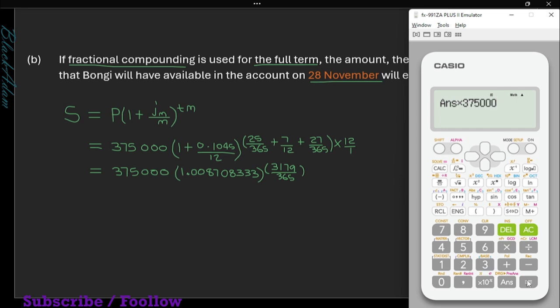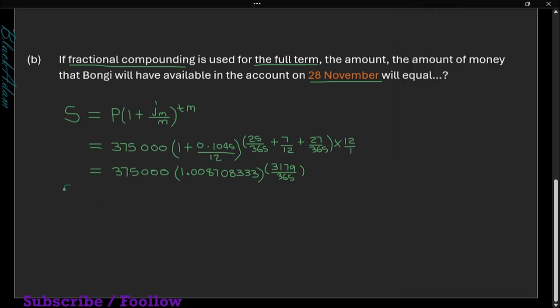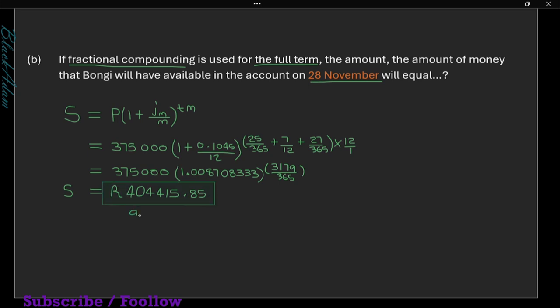We multiply that by 375,000, and that gives us 404,415.85. So that's our answer. Thank you.